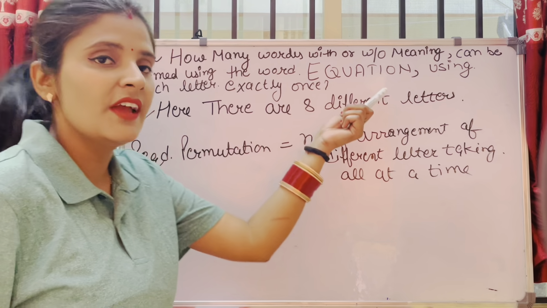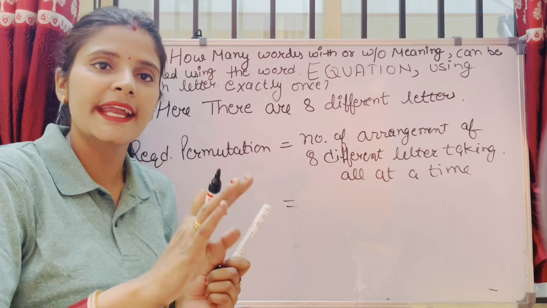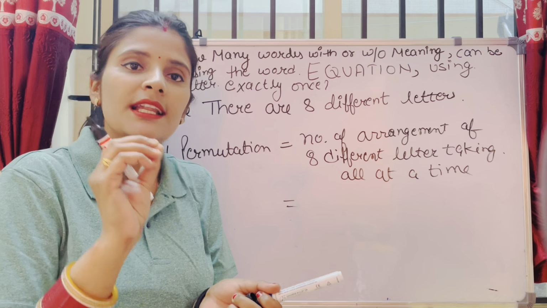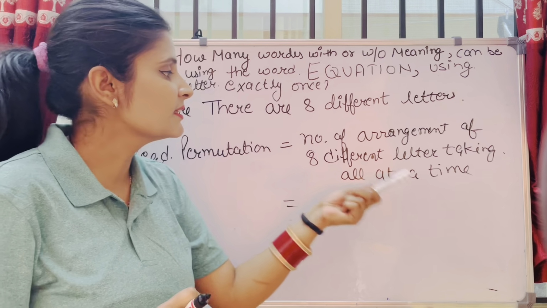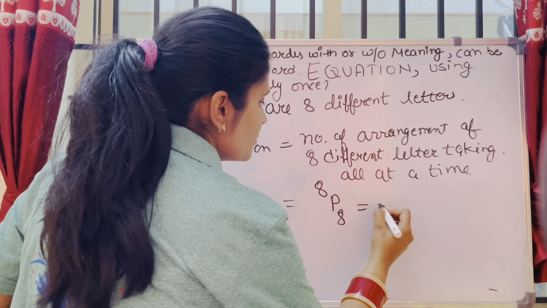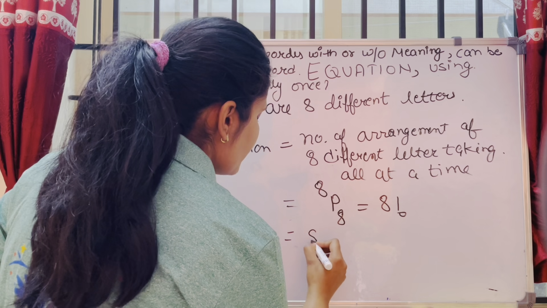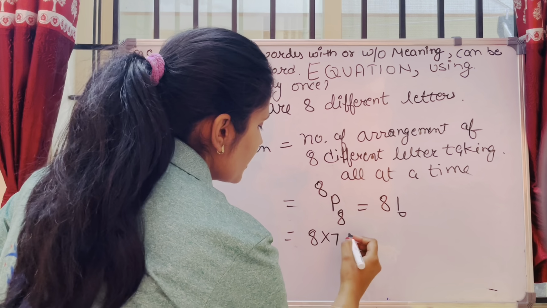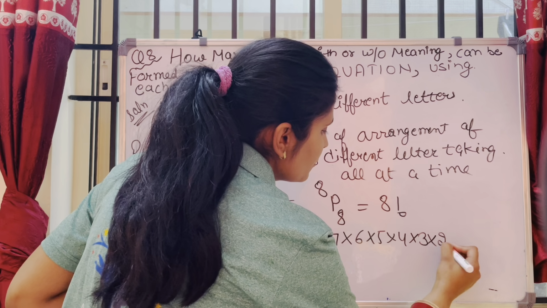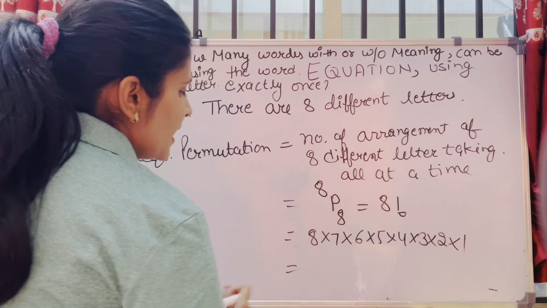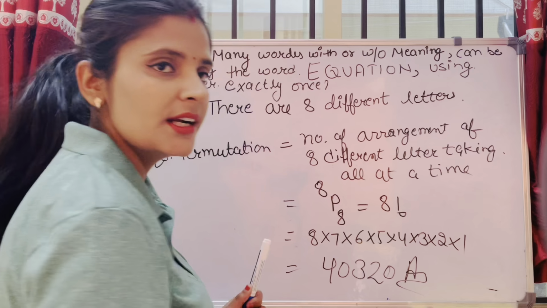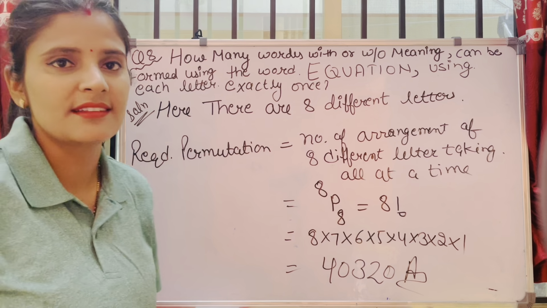So by the use of 8 letters, we will form an 8 letter word, which means the number of arrangements of 8 different letters taking 8 at a time, which is equal to 8P8, which is equal to 8 factorial. We can write it like this: 8 into 7 into 6 into 5 into 4 into 3 into 2 into 1. You can multiply all these and you will get the answer 40,320. So this is a very easy question, right?